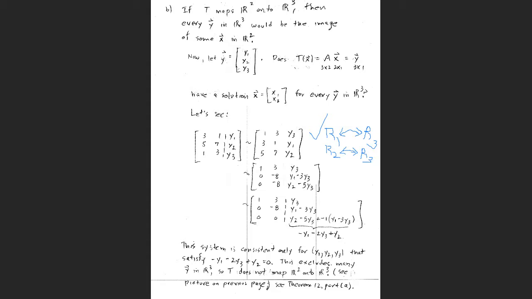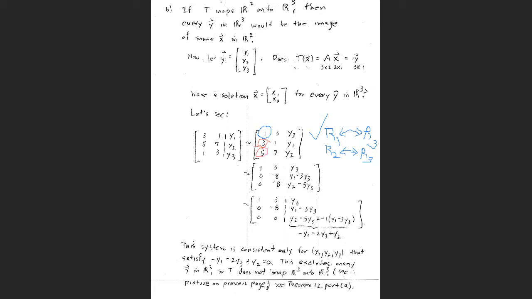Okay, so now we get down to here. And of course, I'm going to use the 1 as a pivot to get zeros where the 3 and the 5 are. So we're trying to get this augmented matrix in what form?